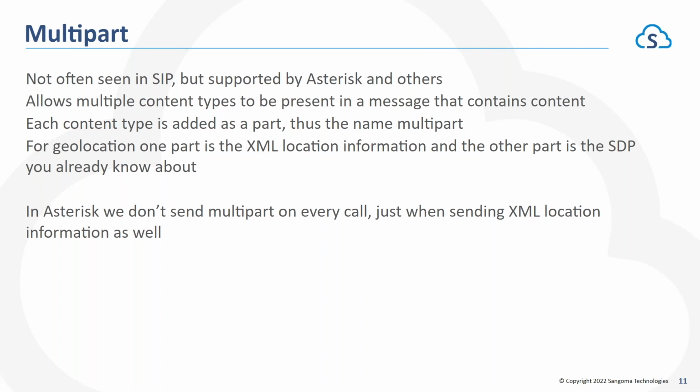So like I said, for geolocation, one part's XML, other is SDP that you already know about. Something to note, we don't send Multipart on every call, just when sending the XML information as well. So if you're just doing normal calls, you're not going to see Multipart.